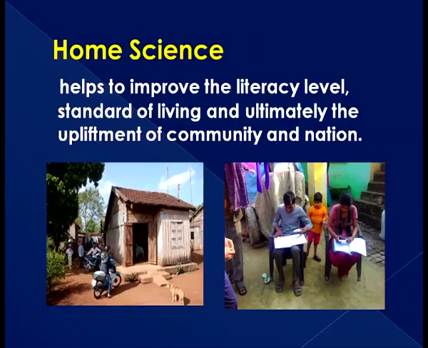Home science helps to improve the literacy level, standard of living, and ultimately the upliftment of the community and the nation. In this picture, you are seeing the community which is more organized, and you are also seeing the learners studying.